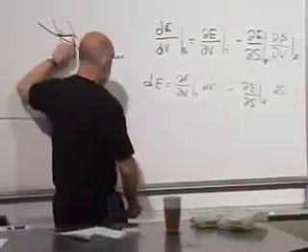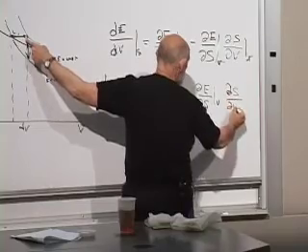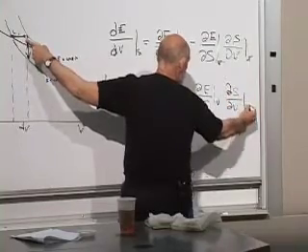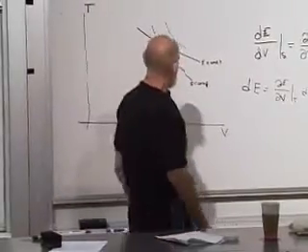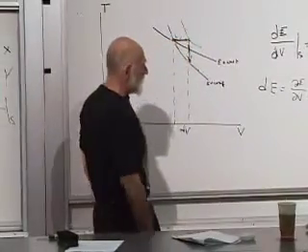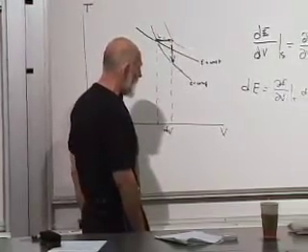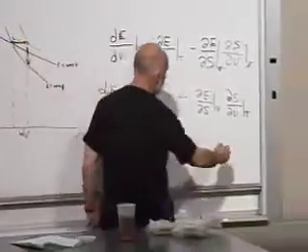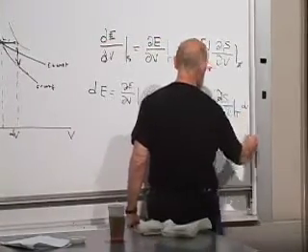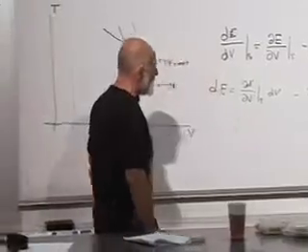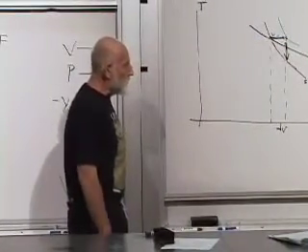It's the derivative of the entropy with respect to the volume at fixed temperature. That's the change in entropy going from here to here. At fixed temperature, yeah. Times dV. No, it's not equal to 0.